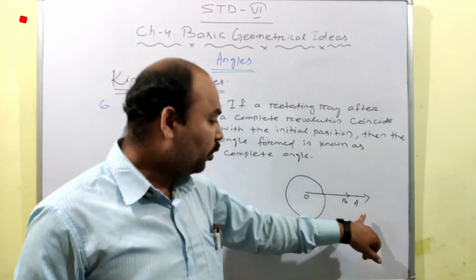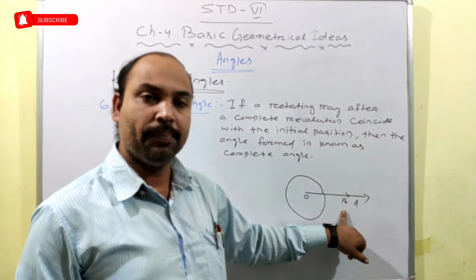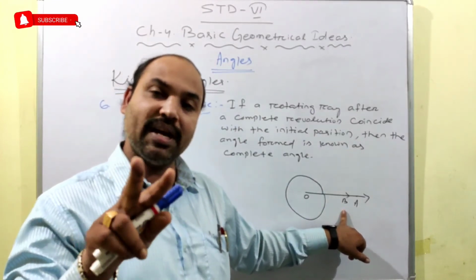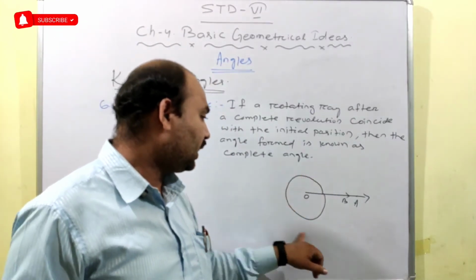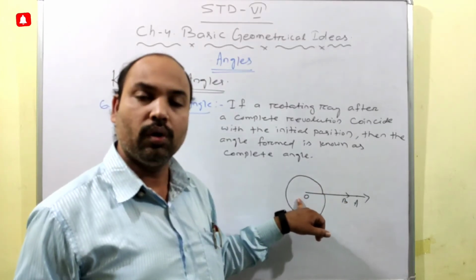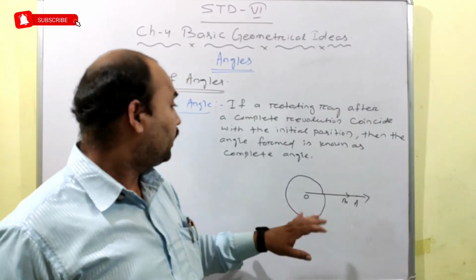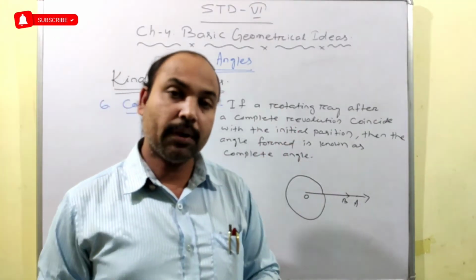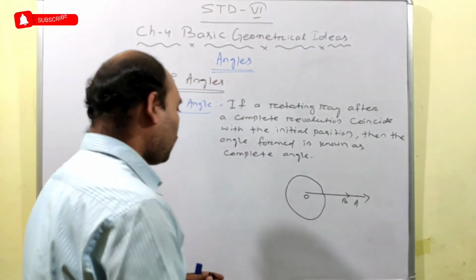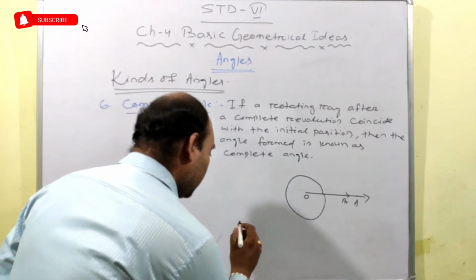It means the OA ray and OB ray, both rays coincide with each other. Then the angle created at point O is known as your complete angle. Clear? The measurement of the complete angle is 360 degrees.